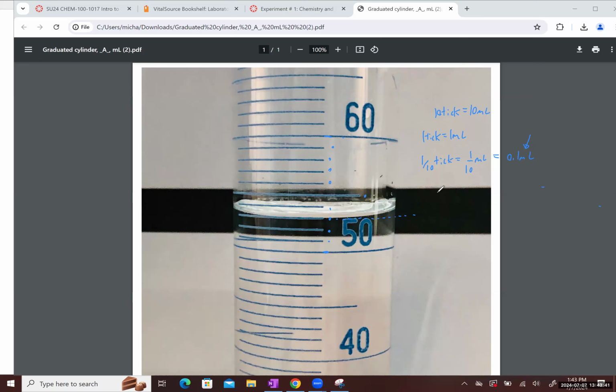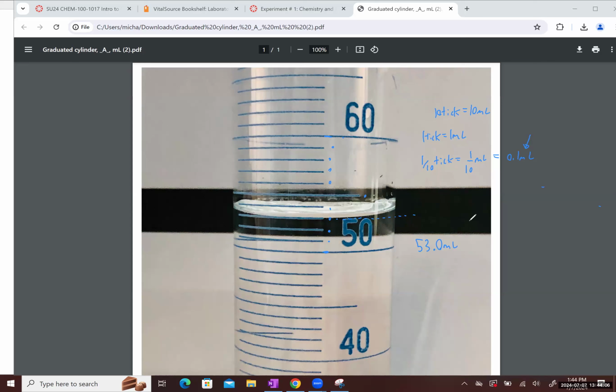And from here, we see we're past 1, 2, 3. We're just past the third tick mark, ever so slightly. So we could write this as 53.0 milliliters.